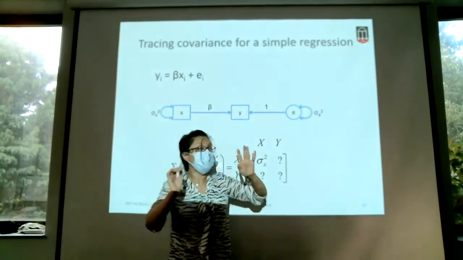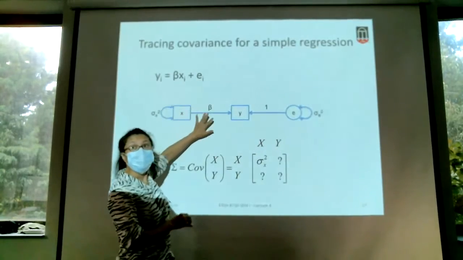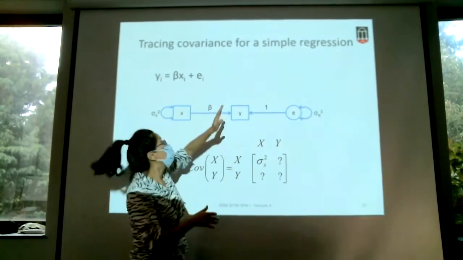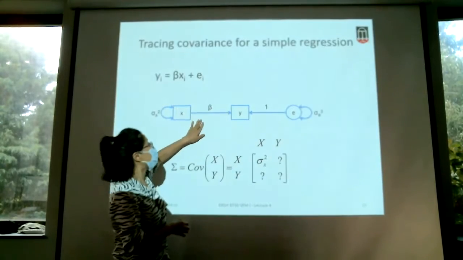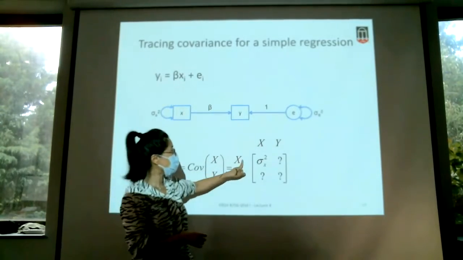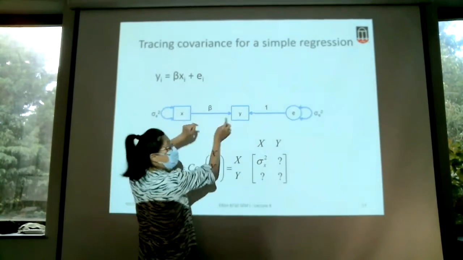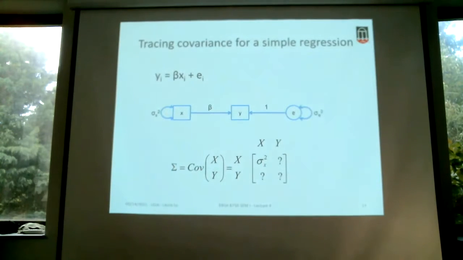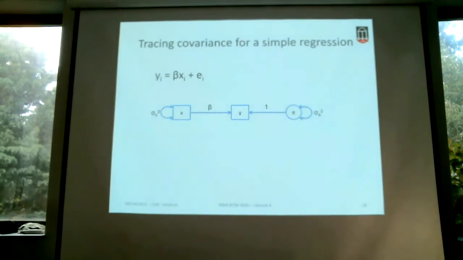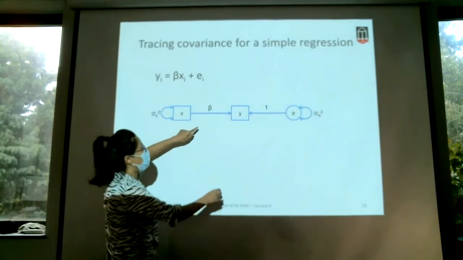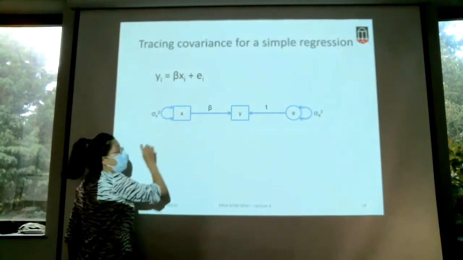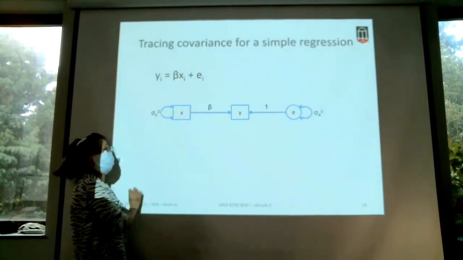Now forget about this equation. By just looking at this path diagram only, just look at this path. Covariance between x and y: we can just apply the previous example. Starting from y, go back to x times the variance of x.